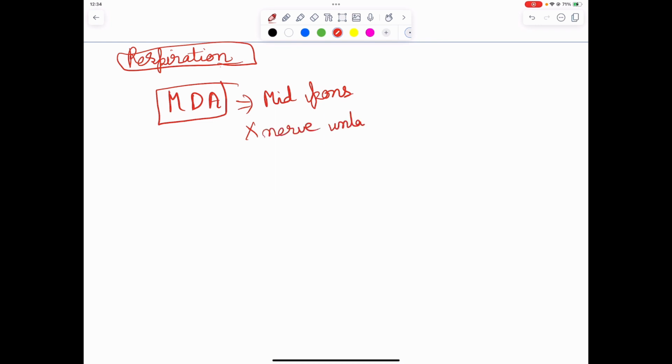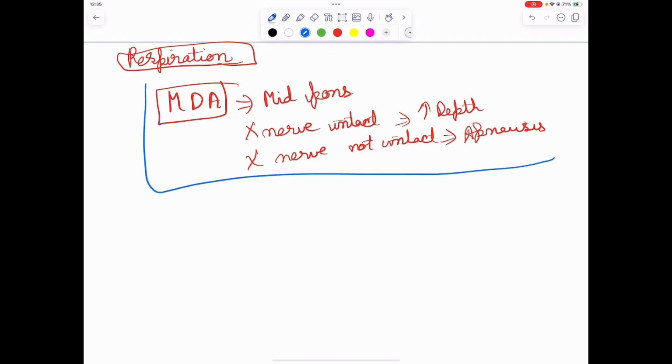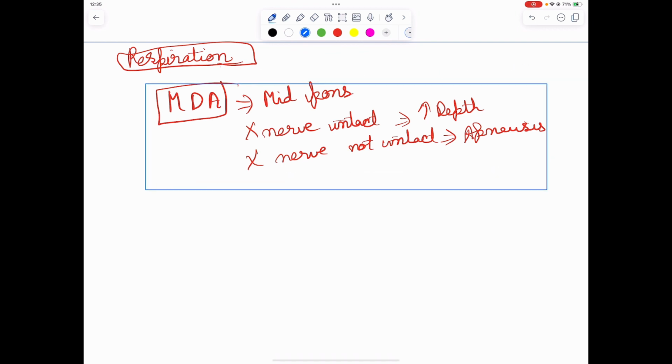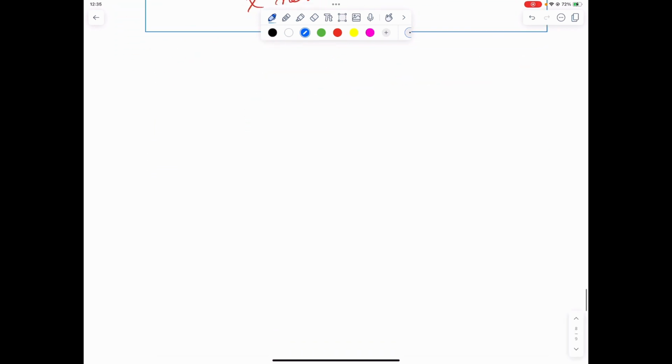When the 10th nerve is intact, there will be an increase in depth of respiration. But when the 10th nerve is not intact, it leads to apneusis. This is one point you please just learn and mug up, because questions are largely framed around here, and we are going to make mistakes only here. So remember that MDA.